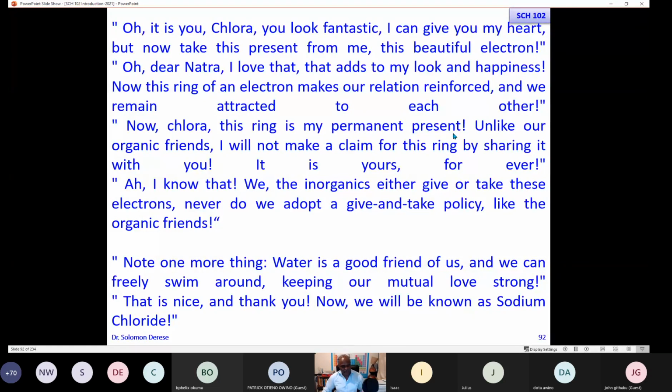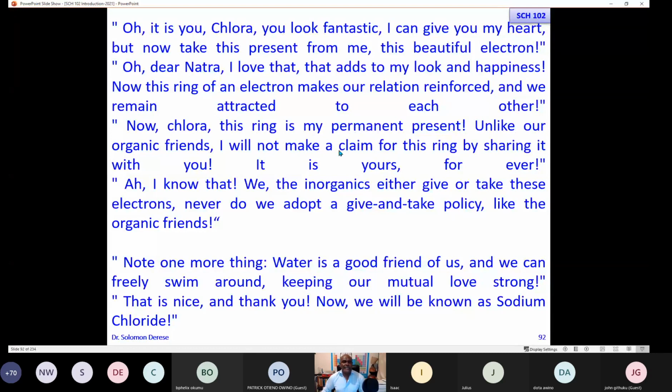The electron, remember, in ionic bonding is transferred from the sodium to the chlorine. It is permanently transferred from the sodium to the chlorine. That's why Natra is saying, now Chlora, this ring is my permanent present. Unlike our organic friends, organic molecules are involved in covalent bonding.